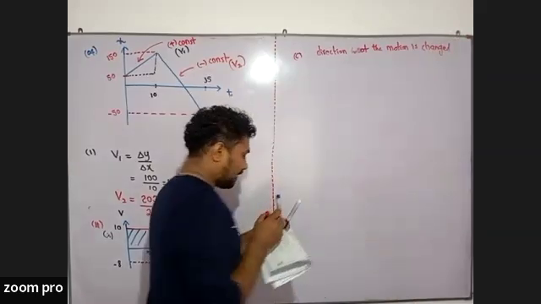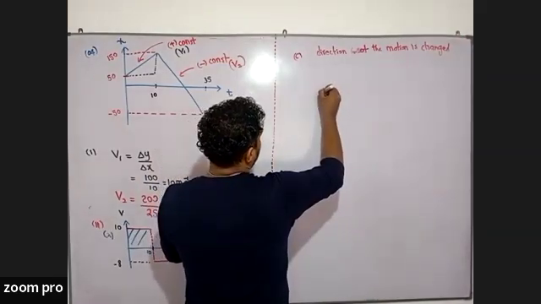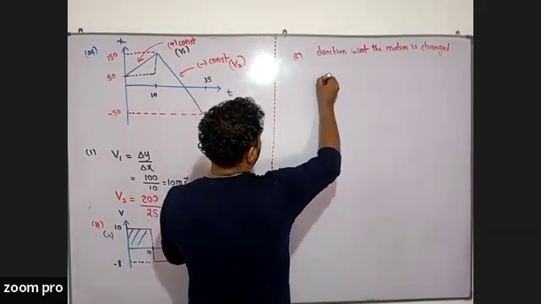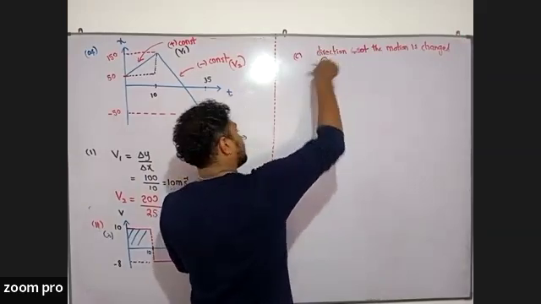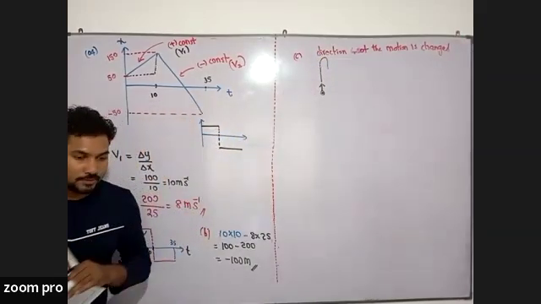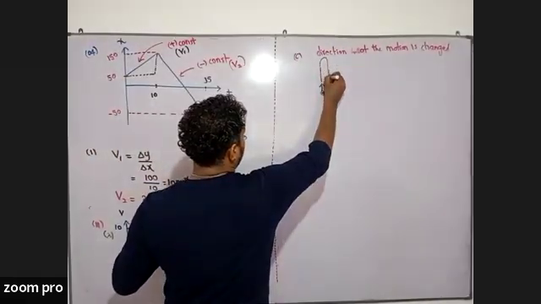Right. So this can happen when throwing a ball vertically upward. At the highest point, the direction of the motion changes, right? So this can be considered as an example.